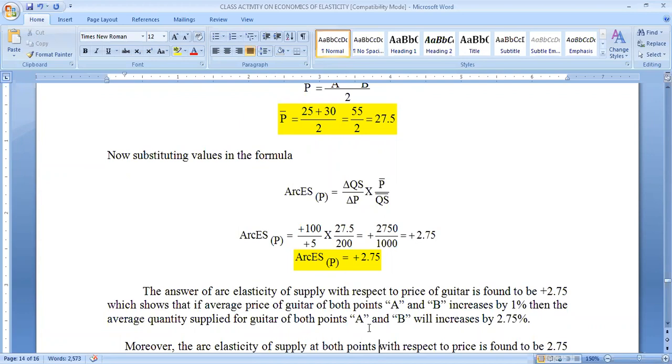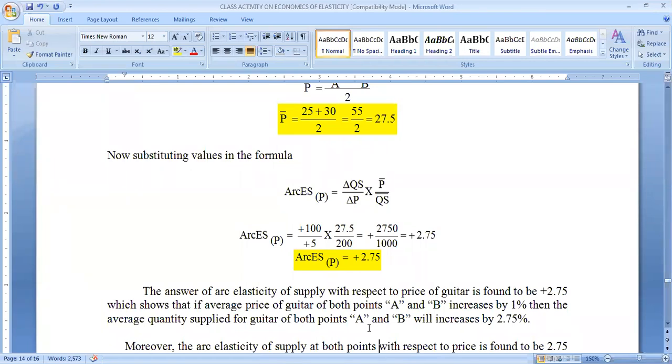And when you multiply 5 with 200, the answer should be 1000. So by dividing 2750 by 1000, we will obtain 2.75. So plus 2.75 is your answer of arc elasticity of supply with respect to price.